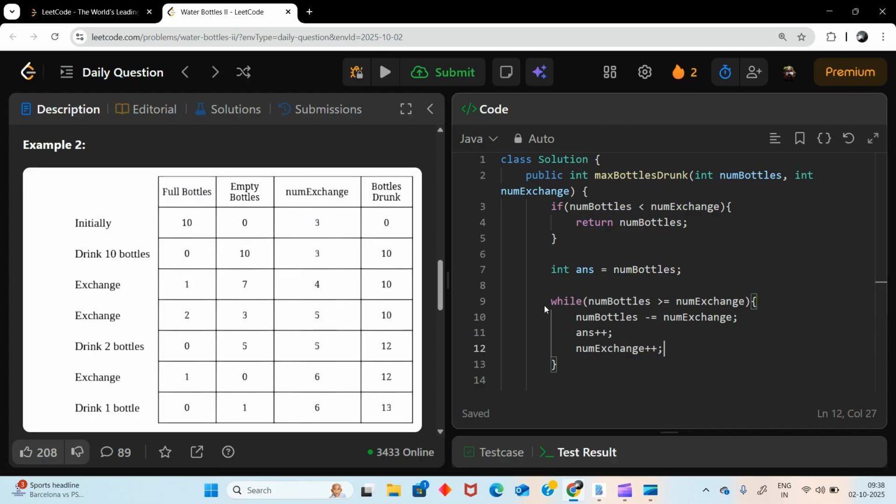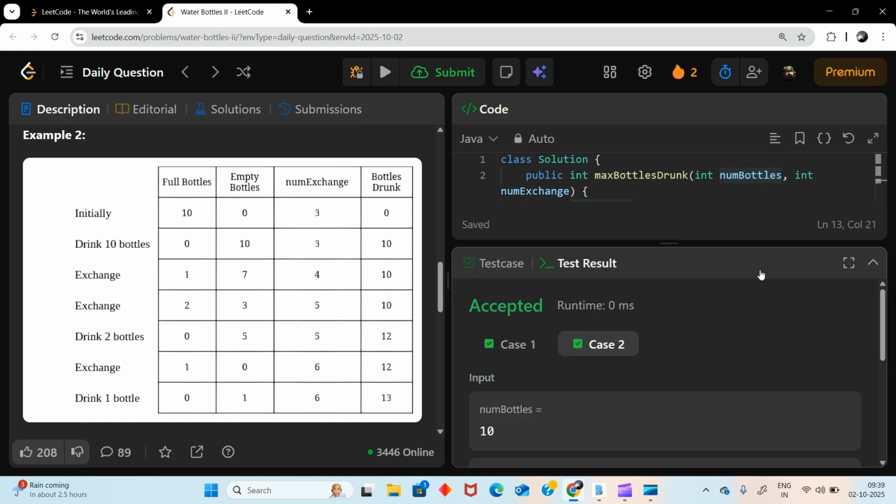I'll get 7 as my number of bottles. And we also have to increase the number of bottles as well. As I said, this will be my empty bottle. Why we need to increase this is because we are getting one in return, right? Again we consider this, we are adding an answer, that means we have one more empty bottle. Now let's run this. Yes, you can see accepted.